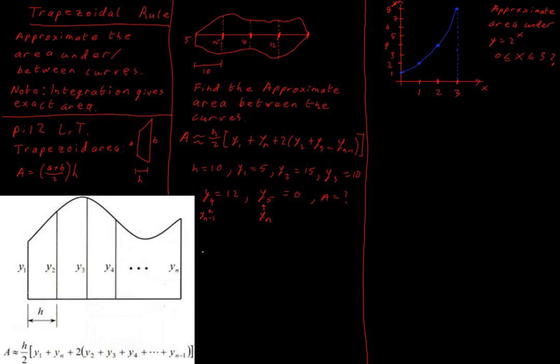So let's sub in. Area is approximately equal to, that's what our wavy equal sign means, 10 all over 2 on y1 is 5 plus yn is 0 plus 2 on y2 15 plus y3 plus y4 up. So we've gone up to yn minus 1. This is where we stop.